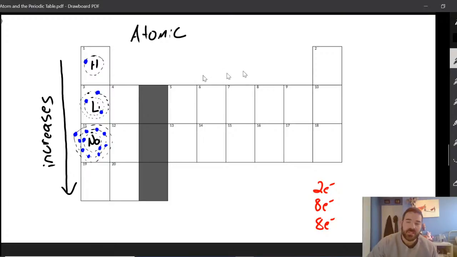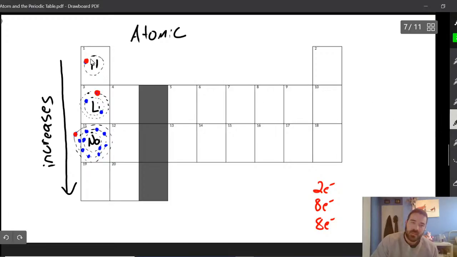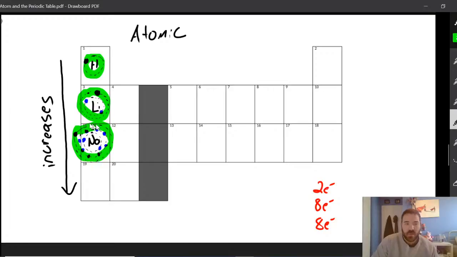What we should also notice is, within a group, every single atom has the same number of valence electrons. If we look only at its outside orbit, every outside orbit of the atoms within this first group only has 1 electron in its valence shell.